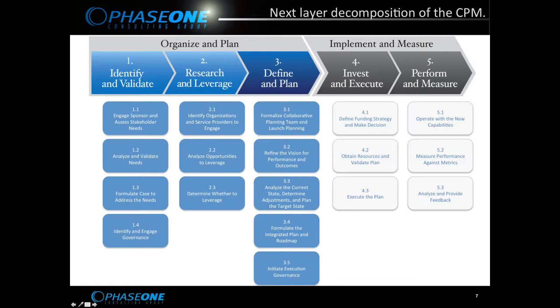And then, of course, we execute against that plan. In step 5, we operate with the new capabilities and we measure performance against those metrics. And then we analyze and provide feedback back into the planning cycle, so we can get an understanding about whether our planning cycle was effective or not.